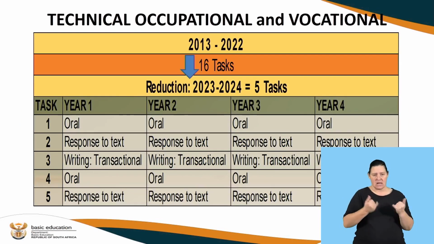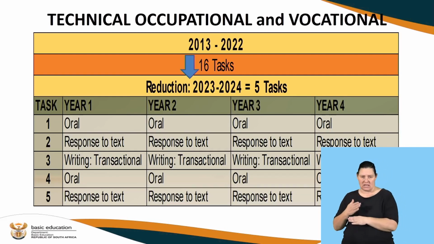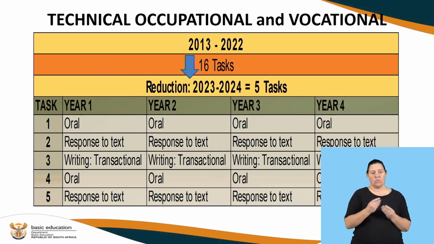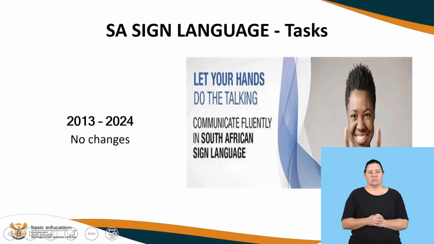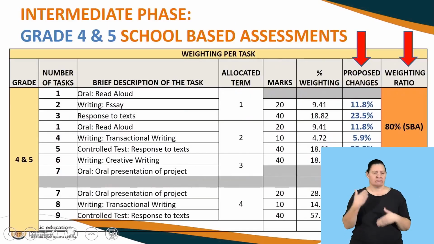It has been reduced to 5 tasks, 1 oral task, 1 response to text, 1 writing, transactional writing task, 1 oral task, and 1 response to text task. In total, therefore, we reduced the 16 tasks to 5 tasks to be administered in the 4 terms. With South African Sign Language, there was no major changes, so I think we can continue.